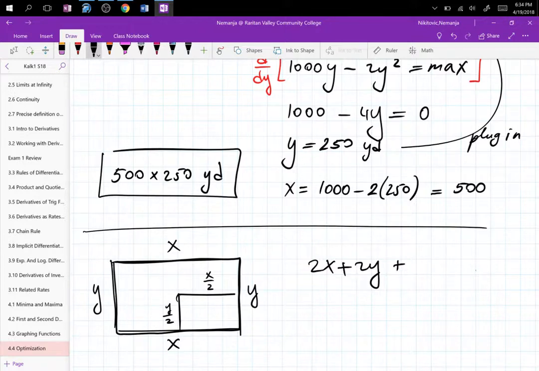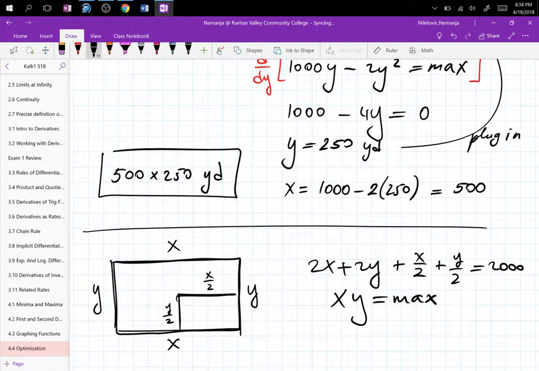It would add x over 2 for the top line inside plus y over 2, and that's equal to 2,000, right? So it doesn't really matter. Your xy is still max, right? This will return different values for x and y, because you now have some fence that you have to save for the inside. So there's a lot of these calculations that you can do.